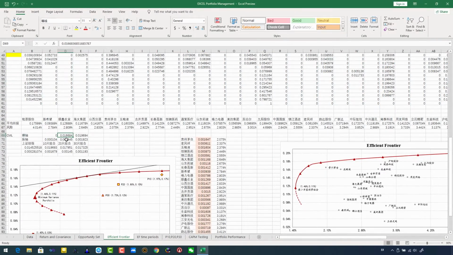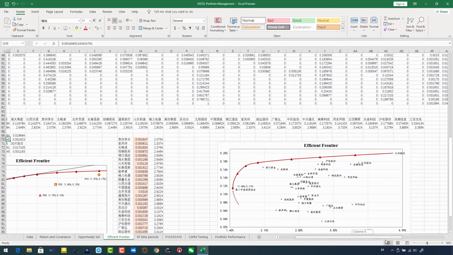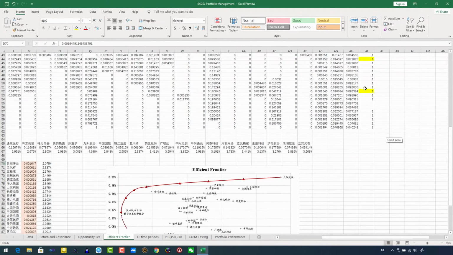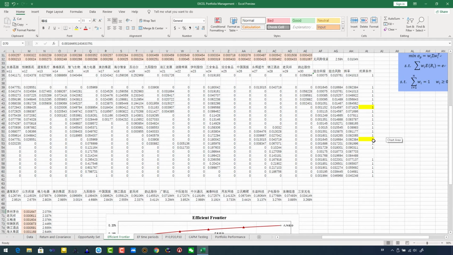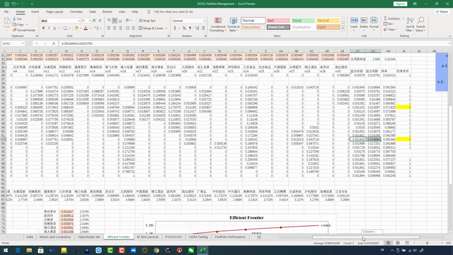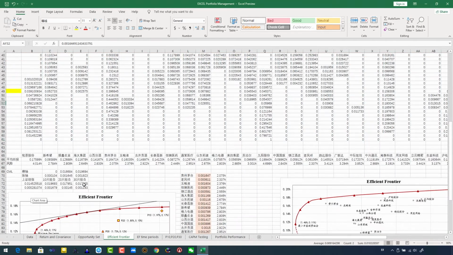The second point you can do by yourself. That's your market portfolio. The market portfolio is the one with the highest slope, exactly the same as here. Your portfolio return and portfolio risk we already calculated, so you just write them down here.